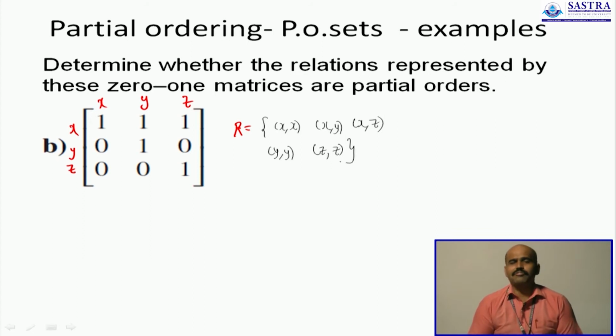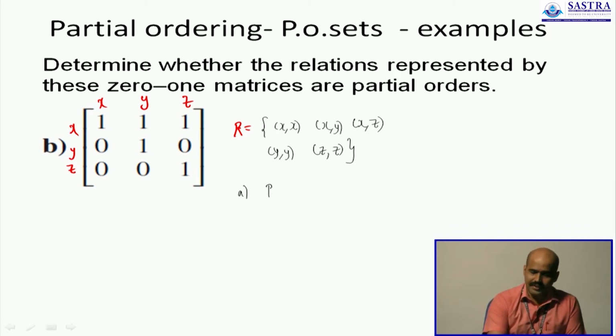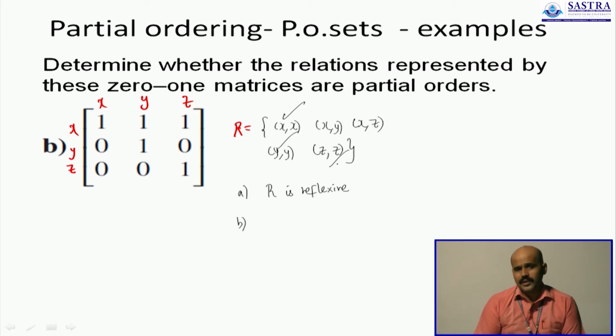There are only 5 ordered pairs out of the 9 possible pairs on 3 elements. It is obvious that R is reflexive, because for the 3 distinct elements x, y and z, we find the pairs xx, yy and zz. So these 3 together imply that the given relation is reflexive.